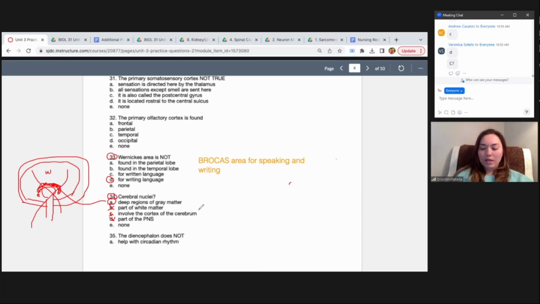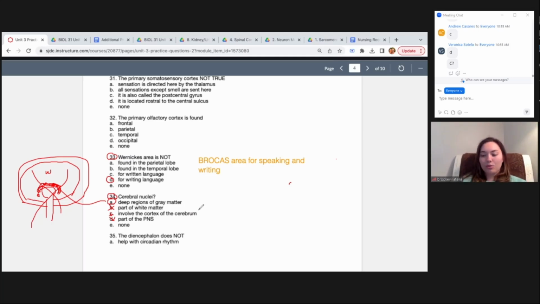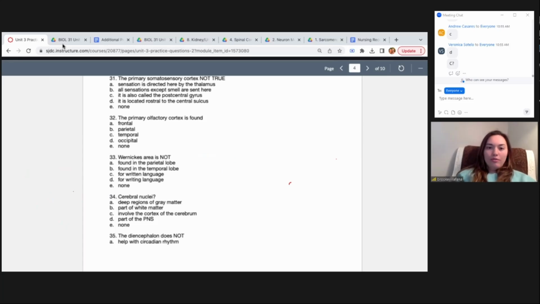The cortex of the cerebrum has nuclei as well, but they're not the cerebral nuclei. The cerebral nuclei are the ones located around the brainstem. Okay? All right, question 35.